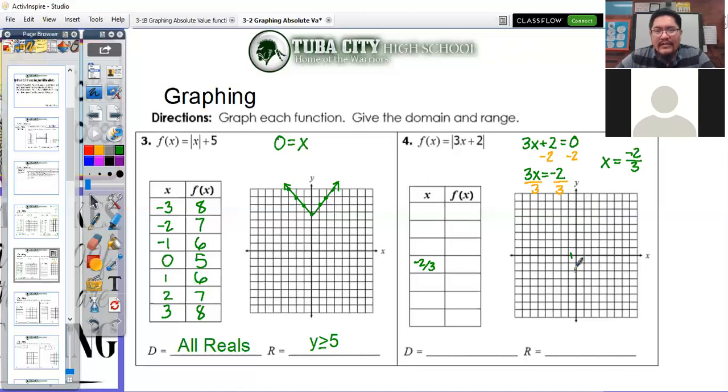So I still want numbers that are going down and some numbers that are going up. So let's go up first. The first one would be 0. So 0, 1, 2. And then I want numbers that are going down. So going down, right? I want, let's see, negative 1. We still want to pick whole numbers.